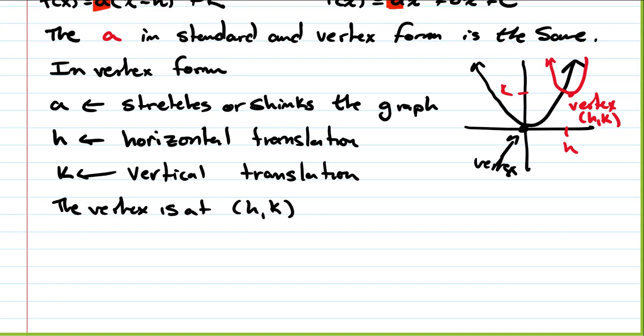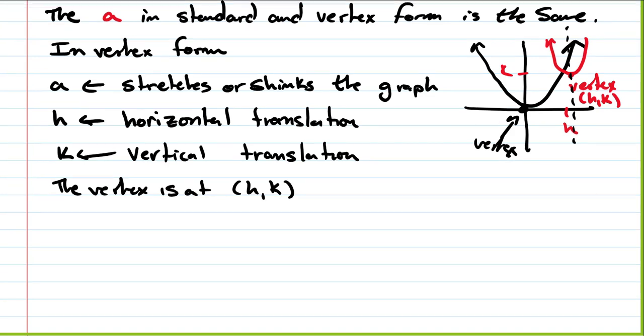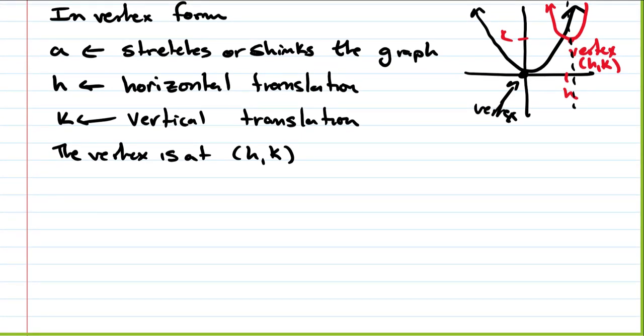So if we shifted its vertex to h, comma, k, it's going to have a vertical line of symmetry that runs through the vertex. So then the axis of symmetry is the vertical line x equals h.